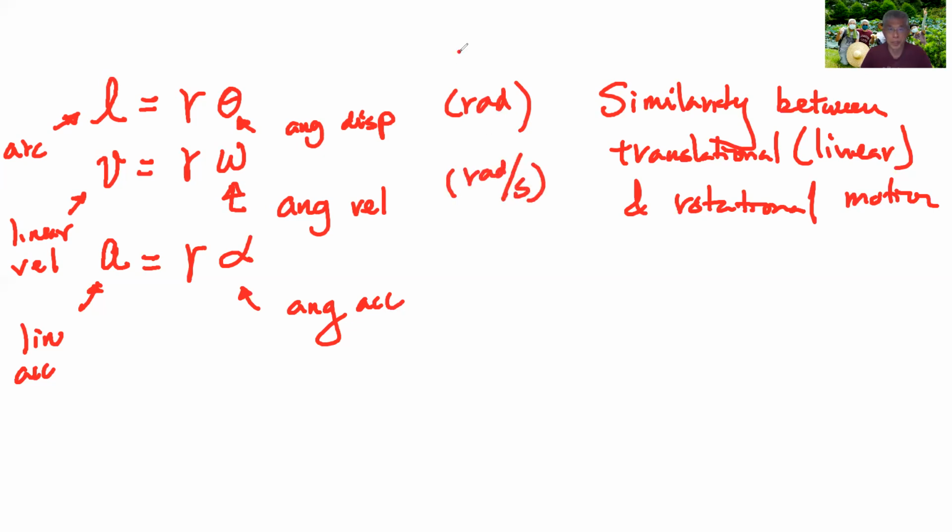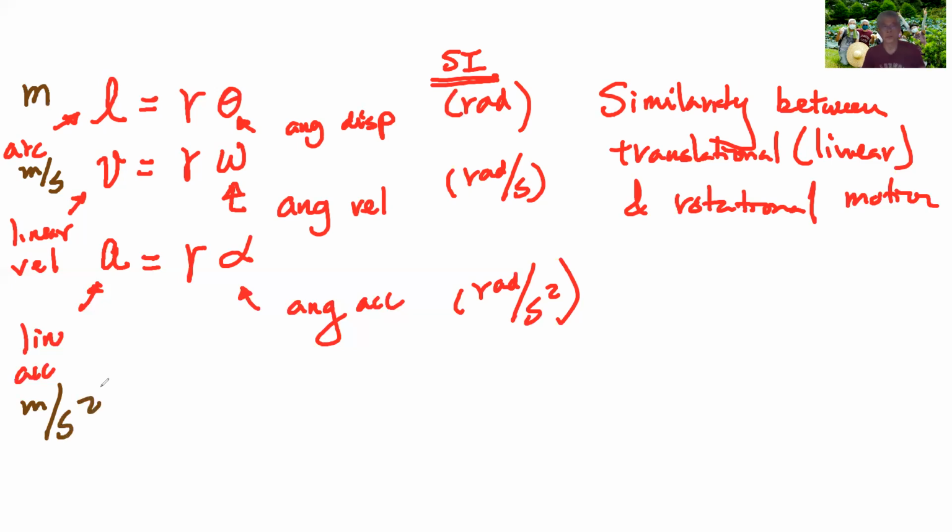Alpha, the angular acceleration, is radian per second squared. On this side, you should already be familiar: meter, meter per second, and meter per second squared. You can see how similar they are, very, very similar.